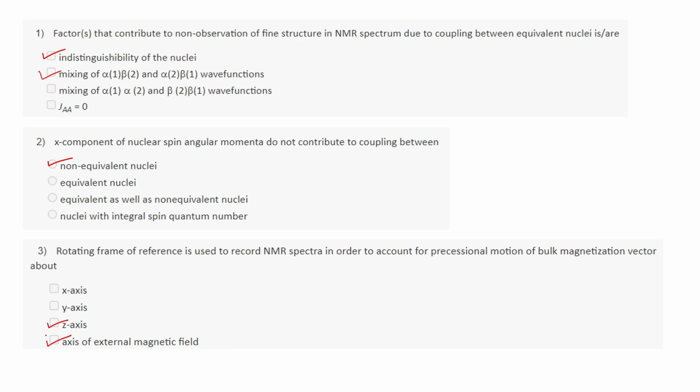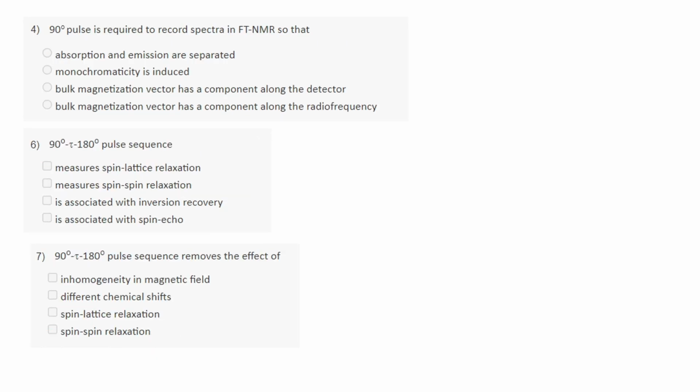Okay. Now let us go to the fourth question. The 90-degree pulse is required to record the spectra in FTNMR so that the bulk magnetization vector has a component along the detector.